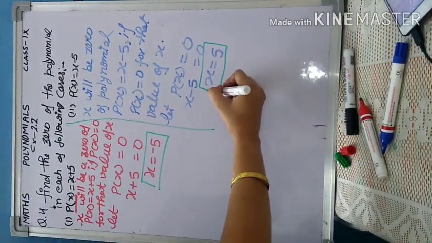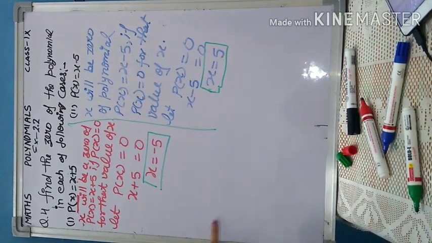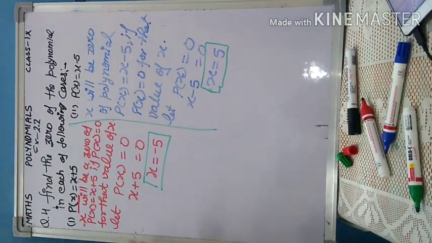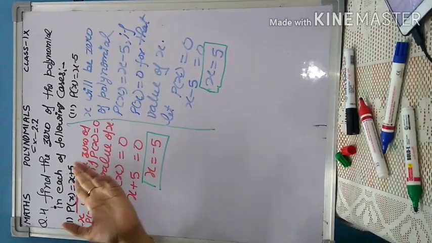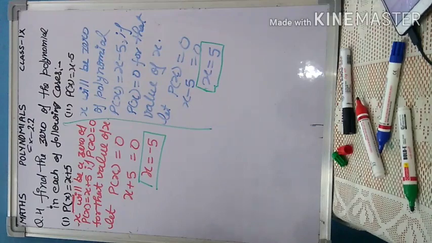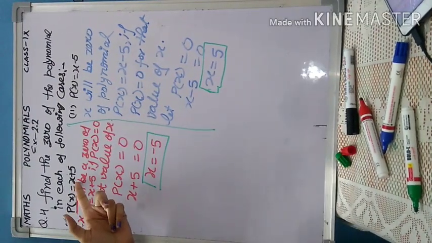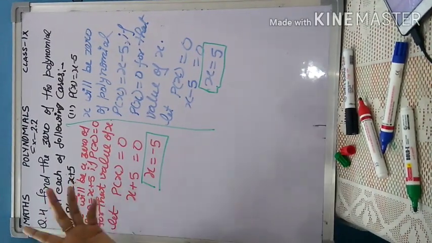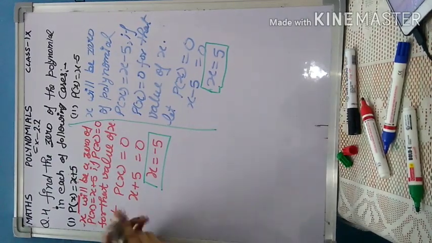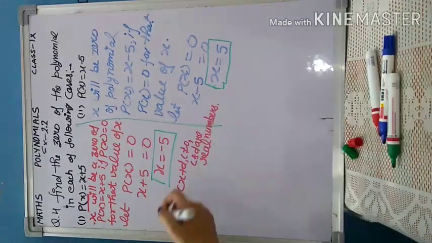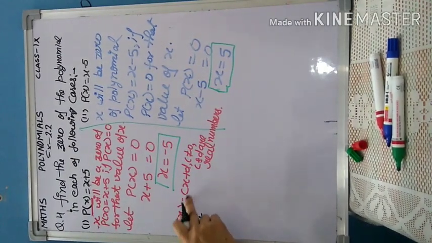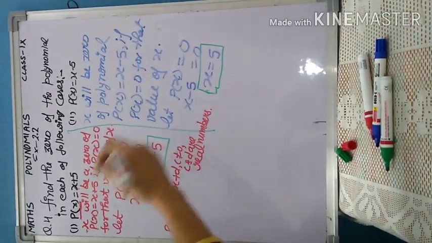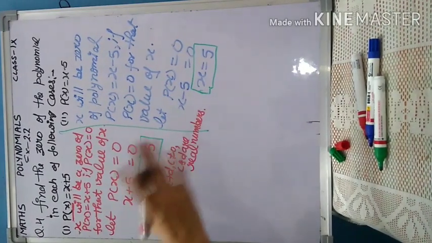One more question I will solve here for you. Okay students, we did nothing, we just put this polynomial equal to 0 and we calculated that equation and found the value of x. Okay, see one more part here. So here again one question is given, p(x) = cx + d, where c is not equal to 0 and c and d are real numbers.